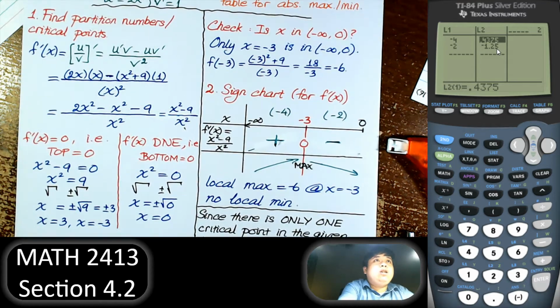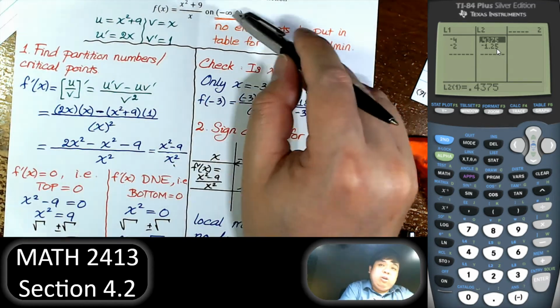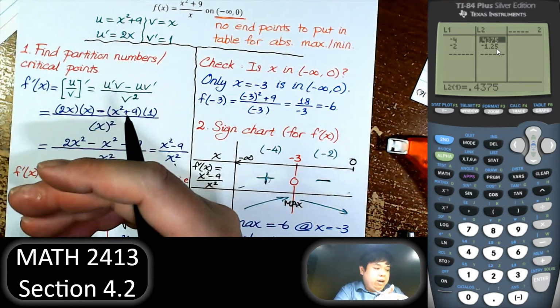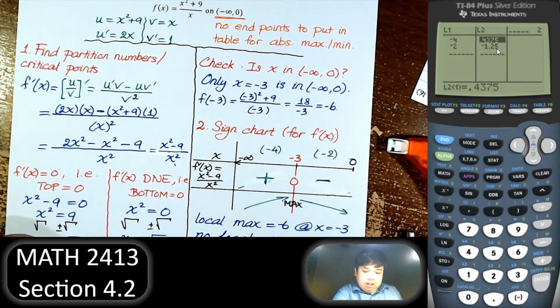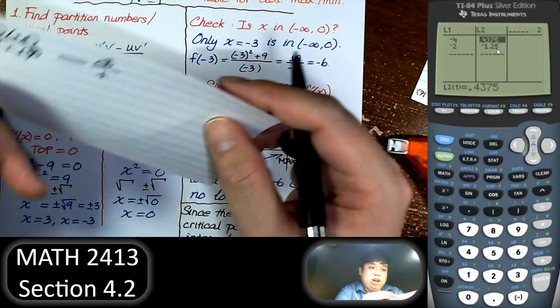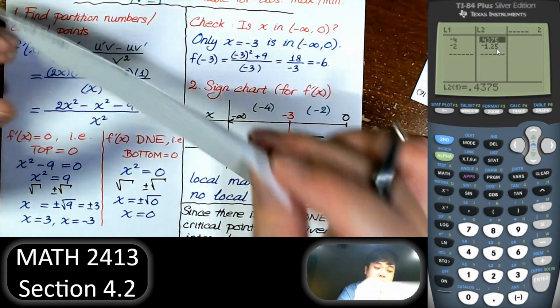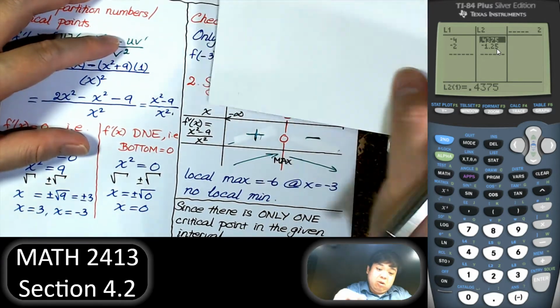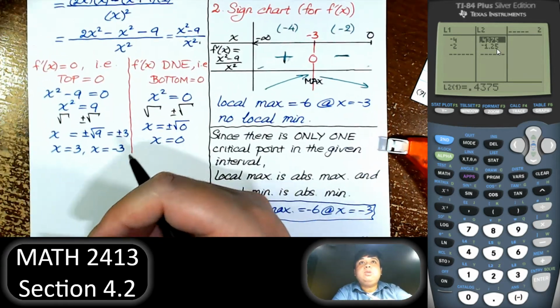So for a typical problem, if we don't have the endpoints, then we have to do the sign chart instead of the table, because we cannot really put that in the table. If we really want to put that in the table, it's still fine though.